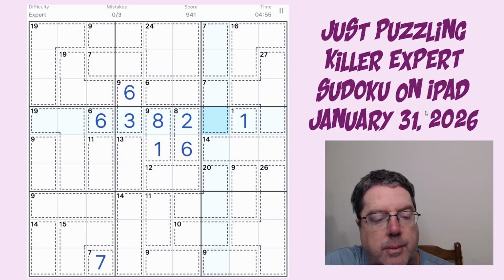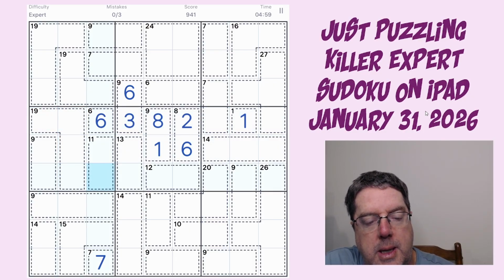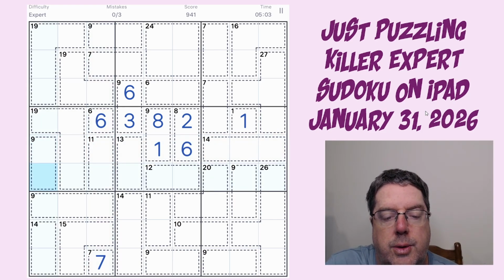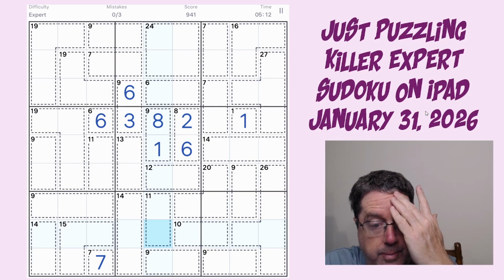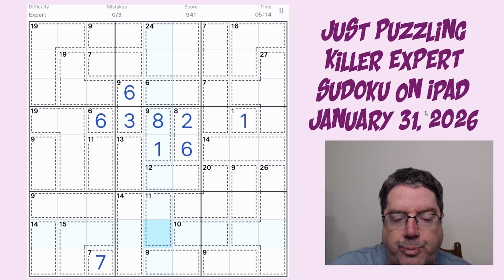Okay, so 9 can be here, here and here. That takes that out. 6, 6, 6. So 6 comes down here. 6 and 3 works. 6 and 5 works. 8.